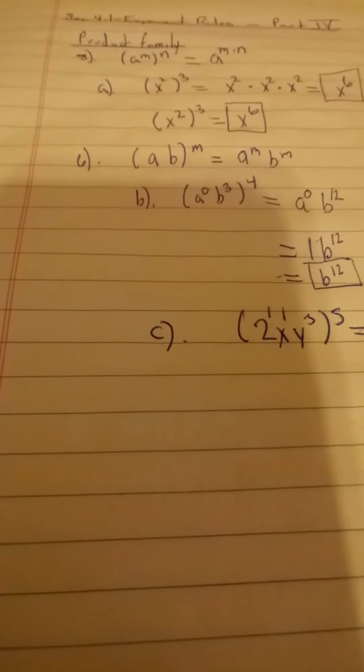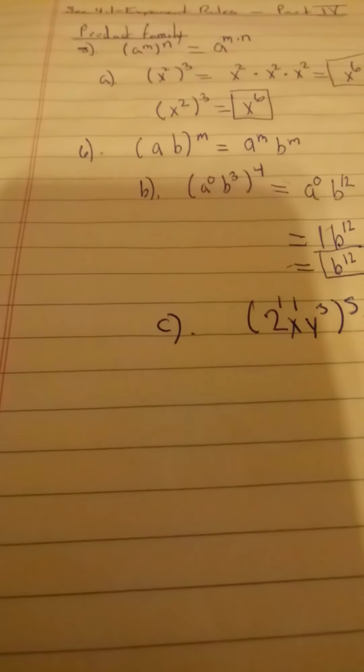So once again, those two rules come from the product family. You have one also for the quotient family, one cousin. And technically the negative exponent could also be considered a cousin of those, but it's kind of separate. So the quotient family is very similar to the one that we just did with the product family, where we have two different bases. In this case, this will be number 7 here.